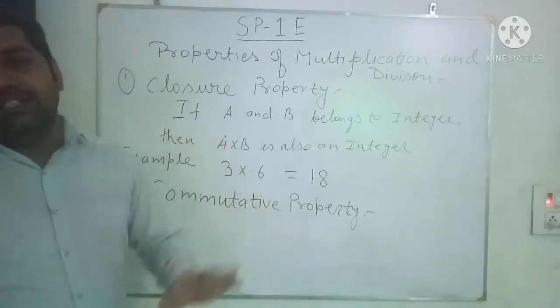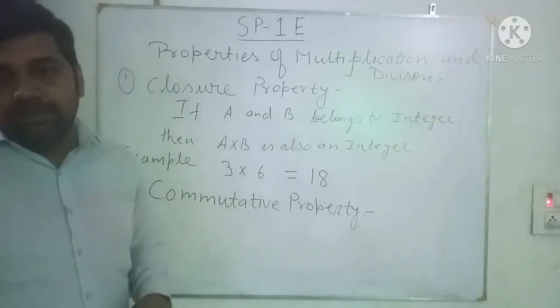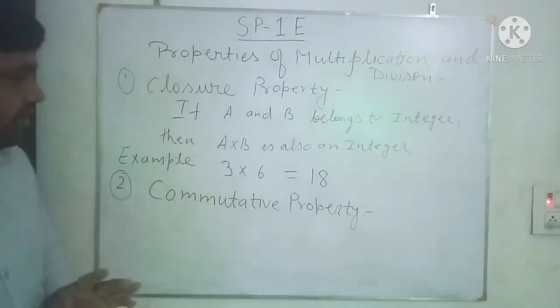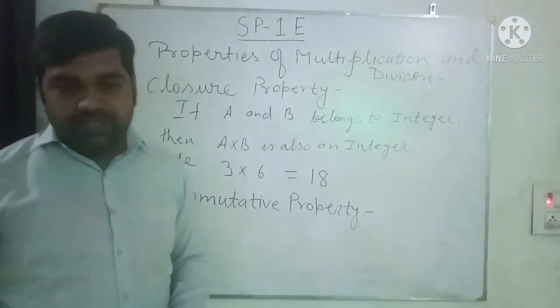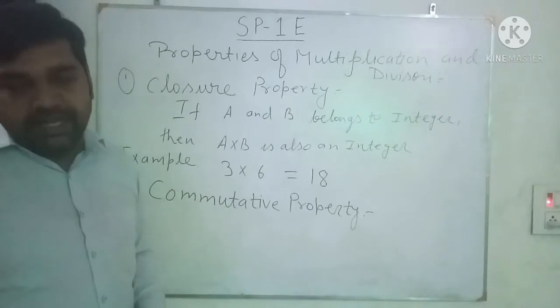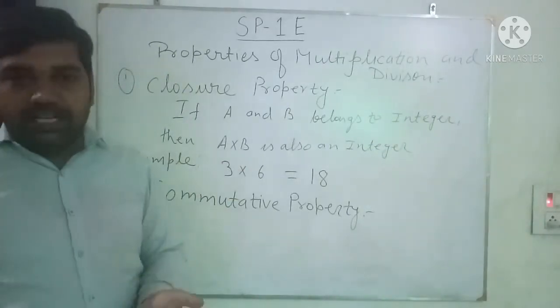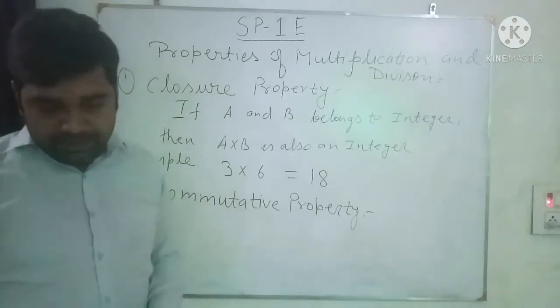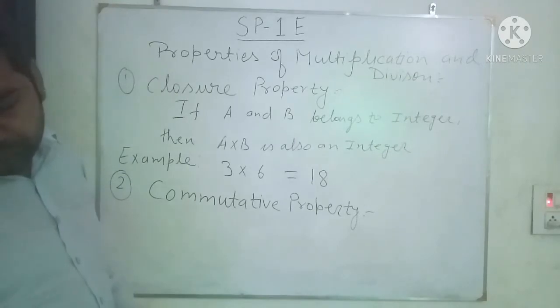The product will remain the same. So the commutative property means the order of the multiplicands in a multiplication does not affect the product.